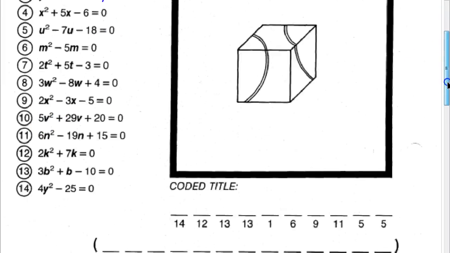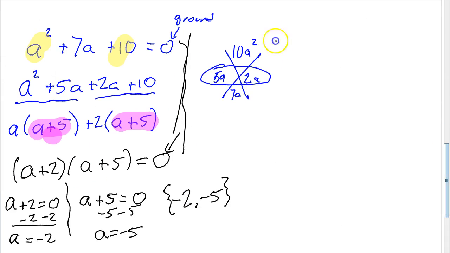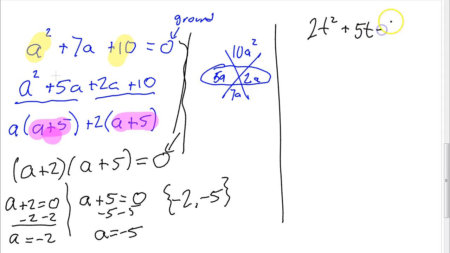Okay, so we're doing the exact same steps. Let's go down here. So 2t squared, what was it again? Sorry. Plus 5t. What was it? 5t minus 3.